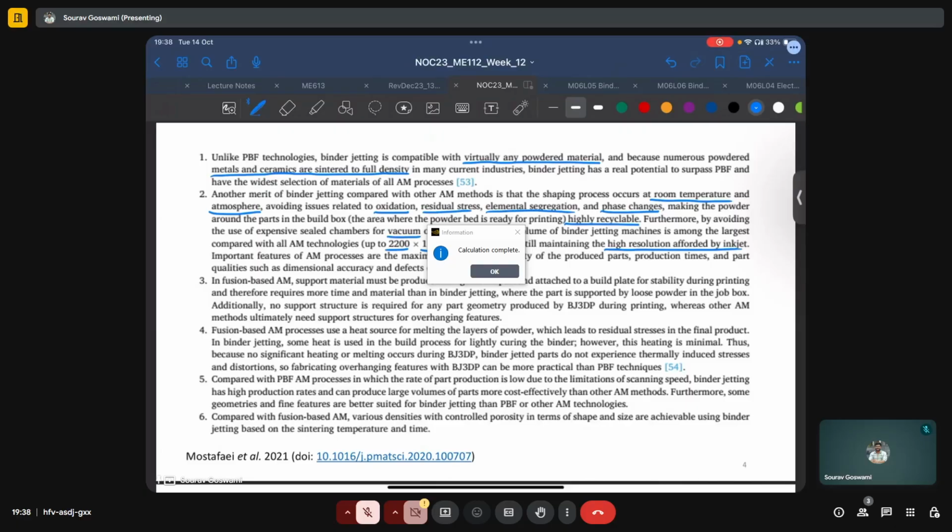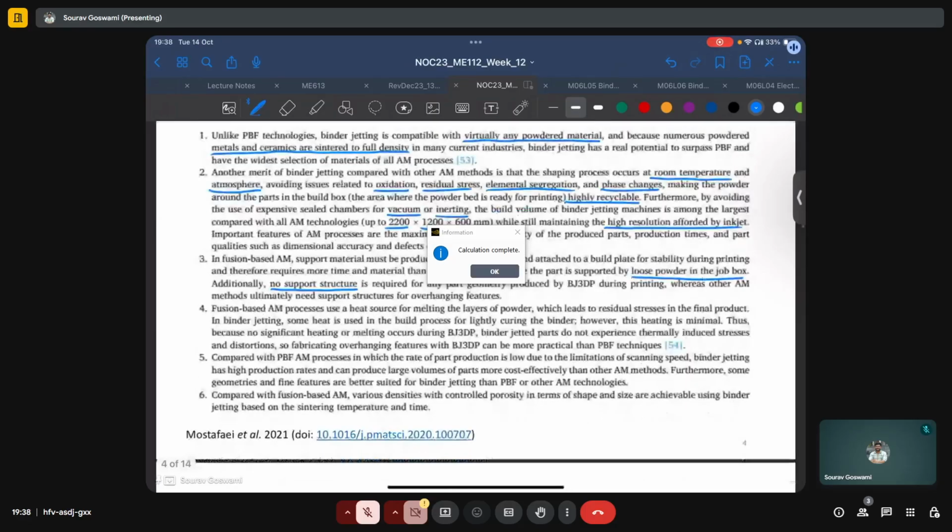In fusion-based AM, support materials must be produced alongside the part and attached to the build plate for stability, whereas in this case, the part is supported by loose powder in the job box. Further, no support structures are required. Then, fusion-based AM processes use a heat source for melting the layers of the powders, which may lead to the generation of residual stresses in the final product.